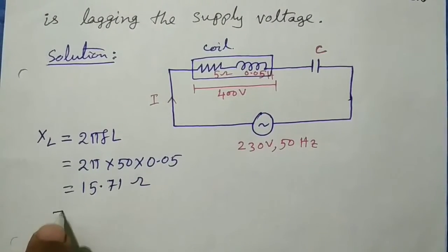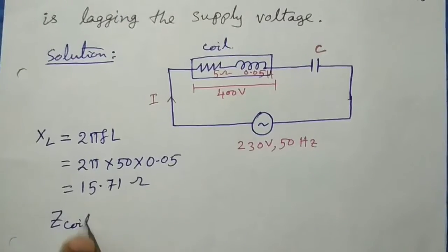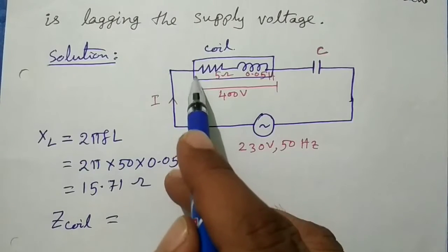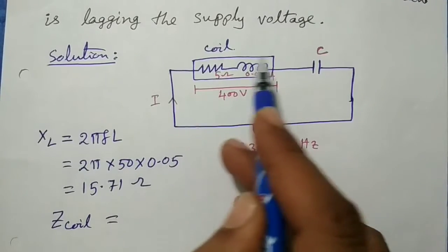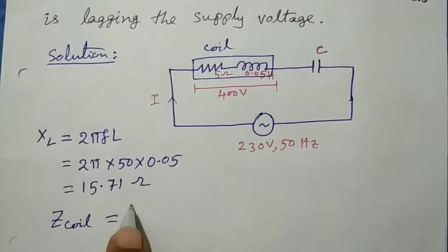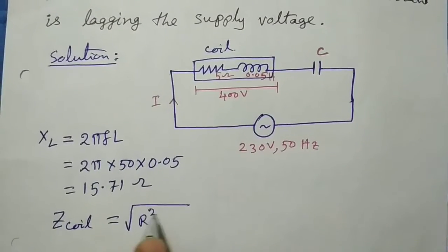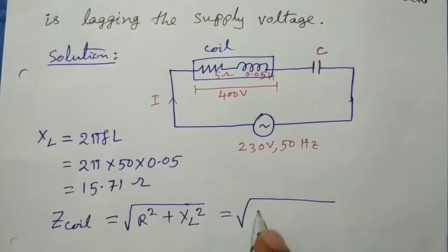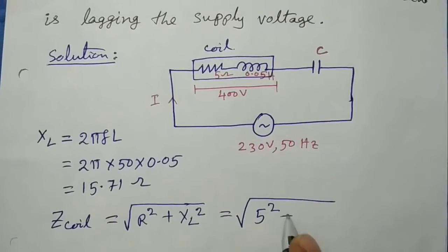Now the impedance of the coil. Impedance of the coil means the impedance of this part only. That means only the RL part. So it will be square root of R square plus XL square. Where the resistance of the coil is 5, so it will be 5 square.